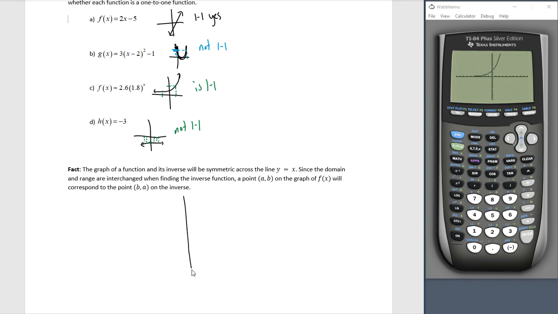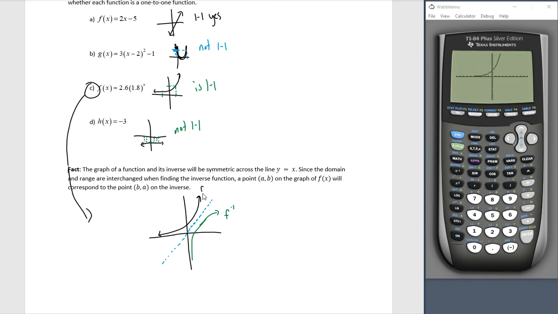So let's take a function like this crazy one we have up here, part C. What I know about this one-to-one function, since it has an inverse, is that its inverse will always be symmetric with respect to the line y equals x.